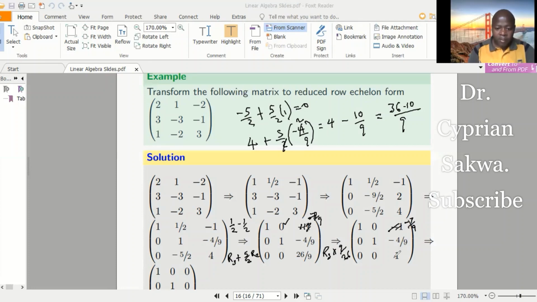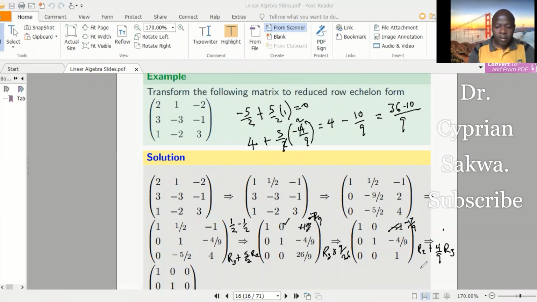Now I want this one to be the only non-zero element in this column. So I want to multiply the entire row 3, because I want a 0 in this position. So I would have row 2 plus 4 over 9 of row 3.